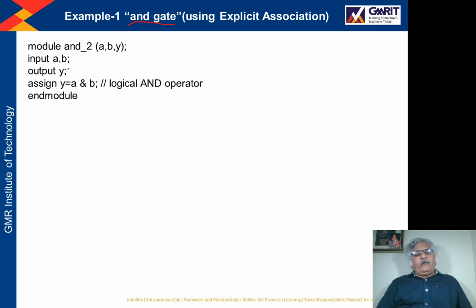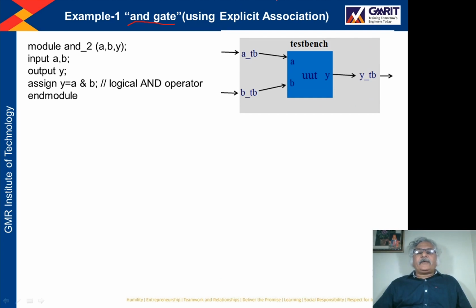Now when we write the test bench for this particular example, the test bench will look like this. It is the same figure which I showed in the last slide. This UUT, unit under test, is my module, right? And in this module we have the inputs A and B, and these inputs are to be instantiated with the inputs of the test bench, A_TB and B_TB.